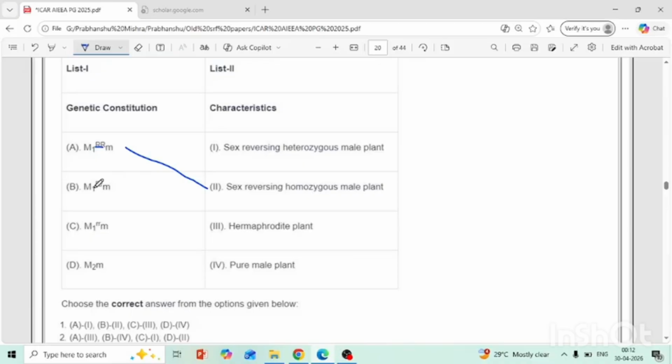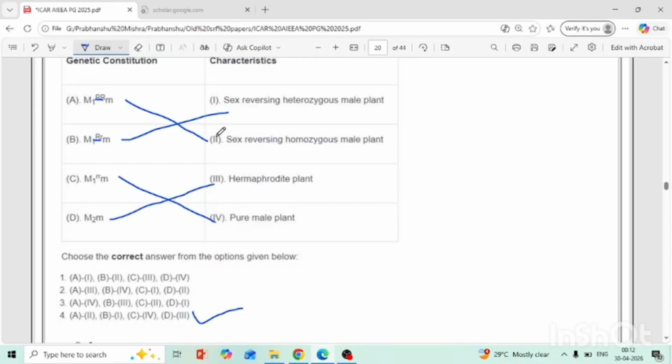So this is a very simple question, but you must know the basic genetic constitution: how it is heterozygous, how it is homozygous, which one is responsible for male, which for female, and which for hermaphrodite, which is stable, and which is mostly in sex reversal condition. Carpelloidy and several other things are important in the papaya section.